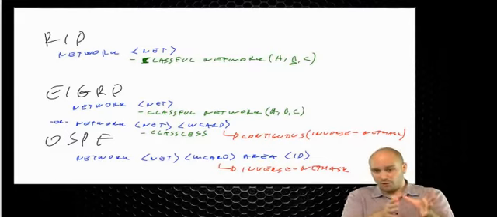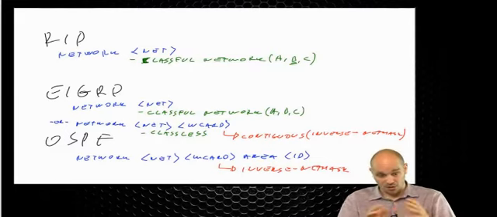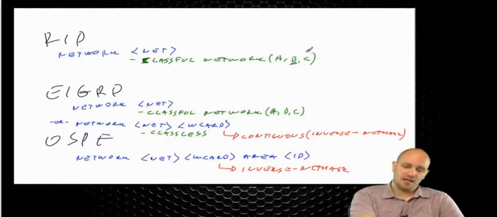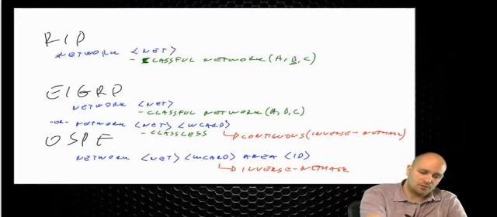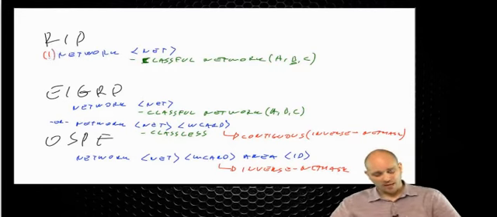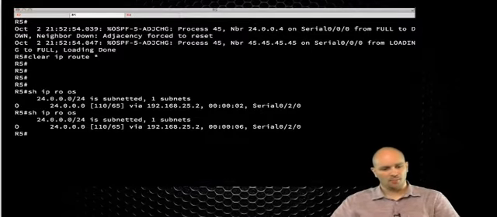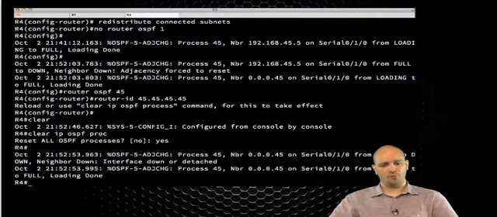Now, when I talk about the network statement, and I mentioned about RIP, that the network statement is classful, there is one more thing about the RIP network statement that I want to warn you about. So let me go to my R2, R4, R5 here.